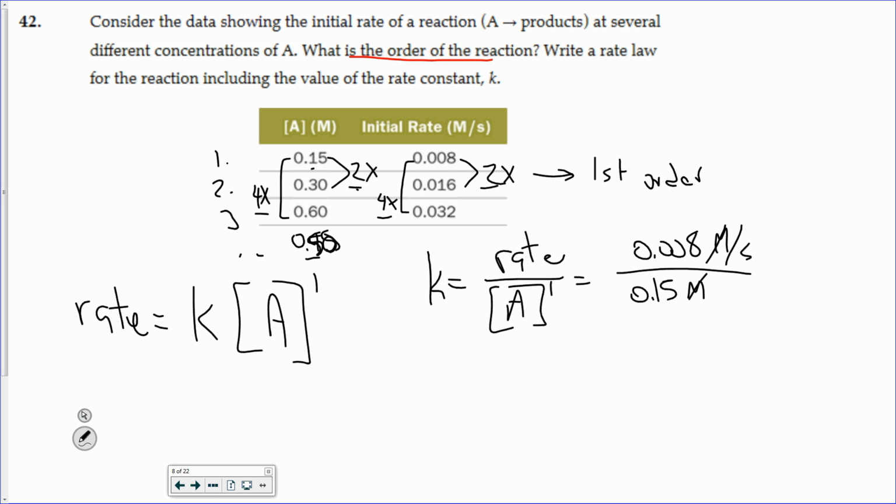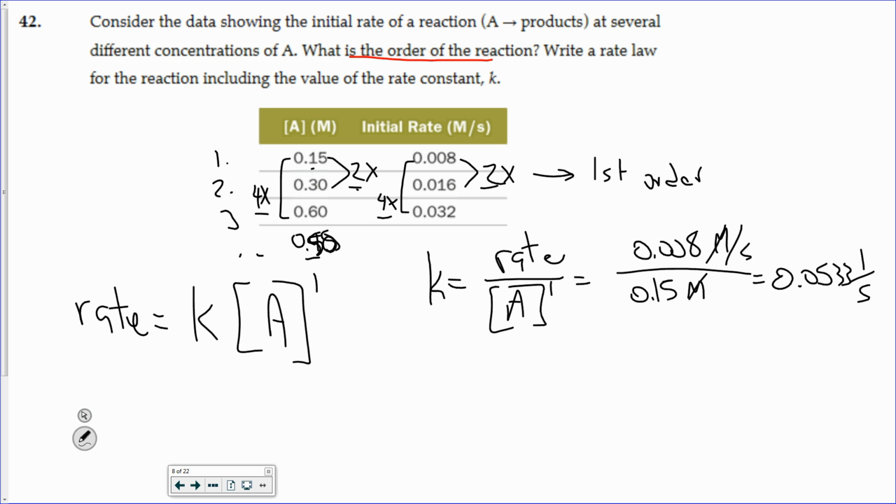The molarity is going to cancel out, and I get a value of 0.0533 inverse second.